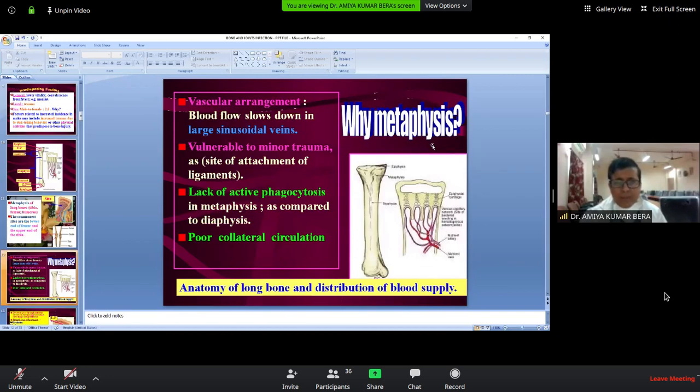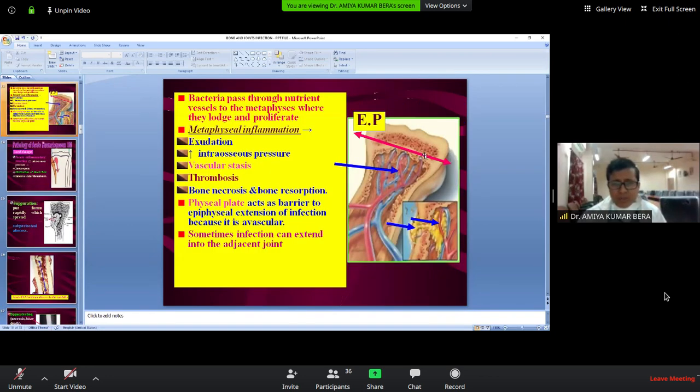What happens? What's the pathology? Whenever the infection settles there, coming through the blood, there will be some exudation, a rise in the intraosseous pressure, vascular stasis, and thrombosis, and that increased pressure will further obliterate or prevent inflow of blood to the arterial system, and therefore more and more bone will be ischemic, and that goes secondary to ischemic necrosis, and the inner area will be necrosed by the toxins liberated.